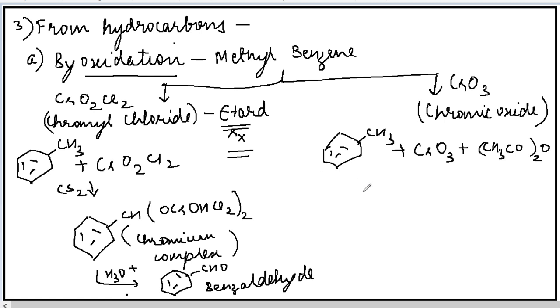When the reaction takes place in a temperature range of 273 to 278 Kelvin, the product formed is benzylidene diacetate. When all three reactants react together, they give benzylidene diacetate.